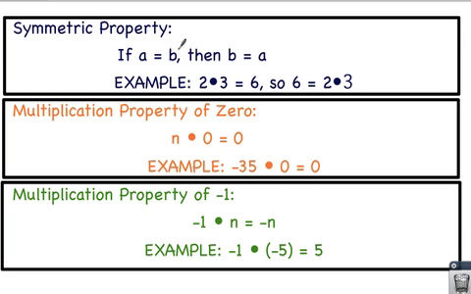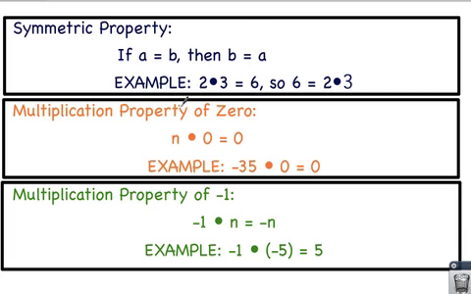I'm moving the left side of the equal sign to the right and the right side of the equal sign to the left. So for example, if I have 2 times 3 equals 6, the symmetric property would say that 6 equals 2 times 3.